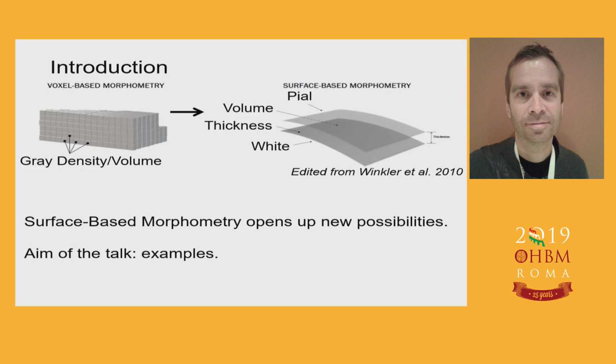But actually, surface-based morphometry methods open up new possibilities to look at other measurements that are maybe complementary to things like cortical thickness and surface area. The aim of this talk is to give you some examples of surface-based morphometry-derived measurements and how they can be used in clinical and non-clinical settings.